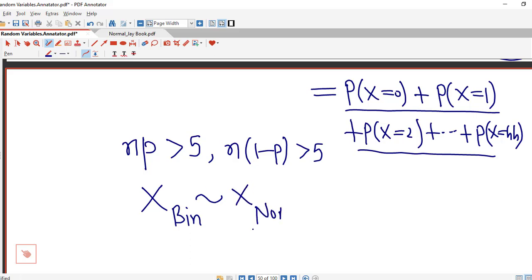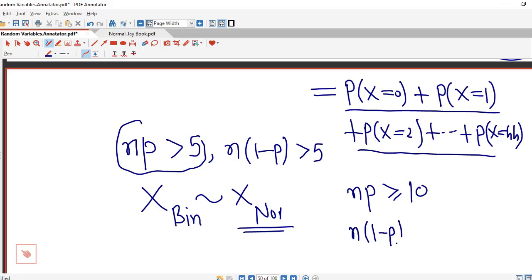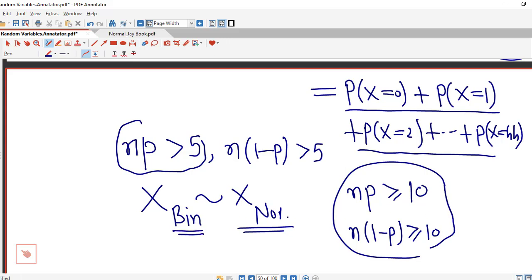Some authors consider this condition also, so both are valid. In some books you will find this condition to approximate binomial distribution by normal distribution. These are not very strict rules. You can use either one as per your convenience.